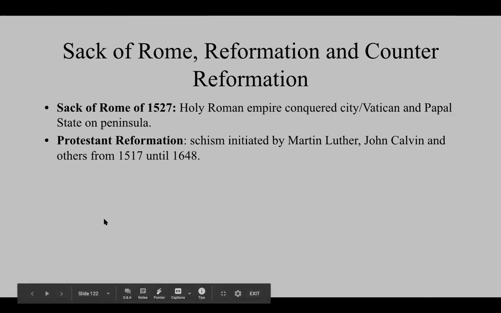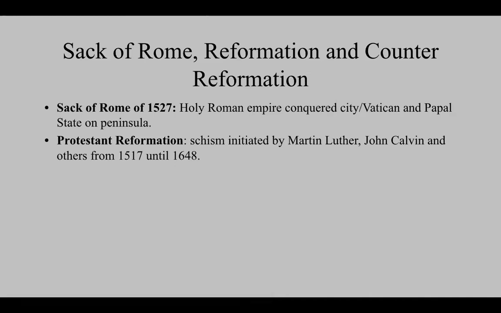And so we have the Protestant Reformation happening in the time of the High Renaissance as well. So from about 1517 into the 1600s, we have a break in the church. So people like Martin Luther, John Calvin, as well as many others, rebel against the Catholic Church.